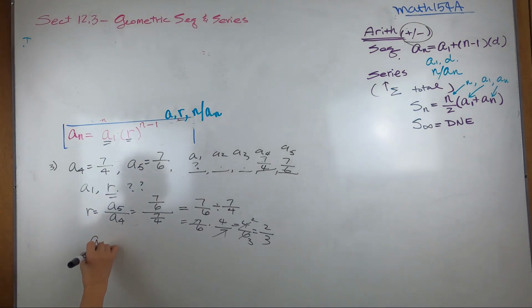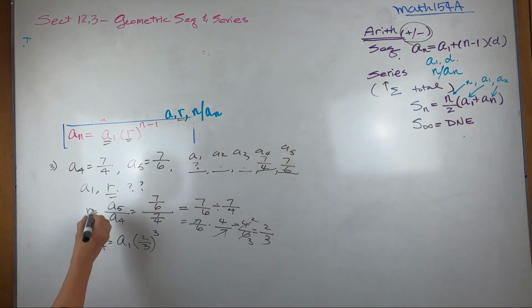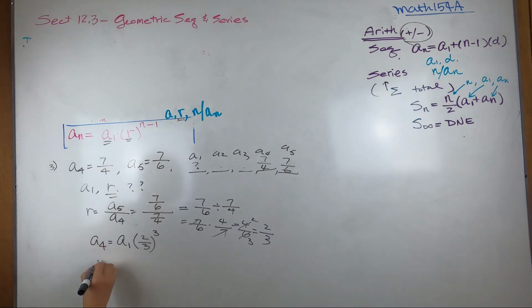So if I do A4, what do I have? I should have A1 times R, 2/3, to the n minus 1. So n is 4. That would be this one, right? Then what do we have? Do we know A4? Yes. A4 would be 7/4.